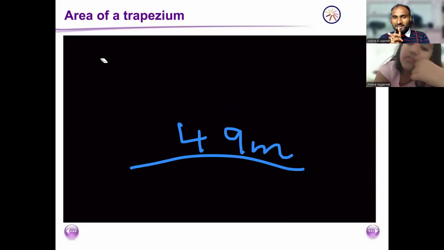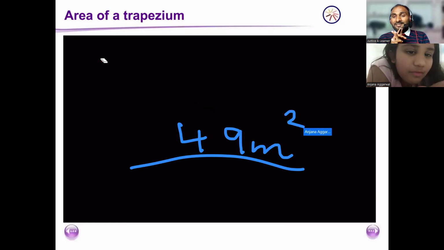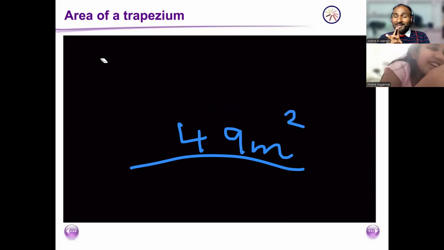No, that's incorrect. So there's a square with 7 meters each side. You did not find your mistake. The mistake is something else. You forgot that.